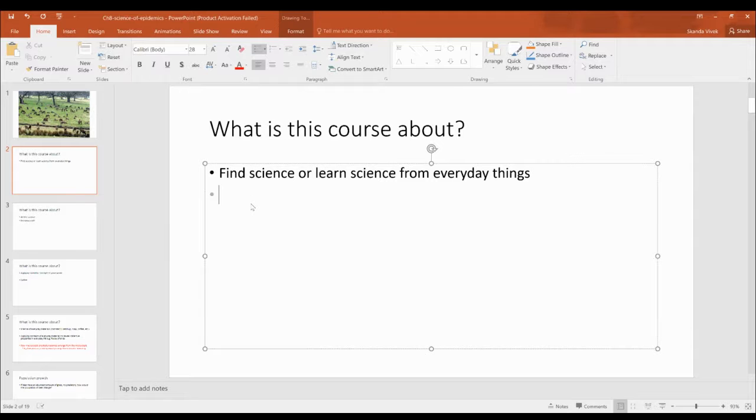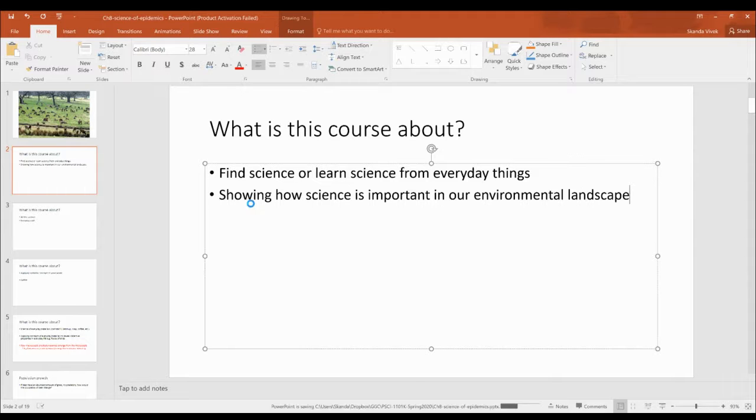Showing us how science plays a part in our environmental landscape, showing how science is important in our environmental landscape, right? Yes, I would say that those are kind of my intentions going with this course.